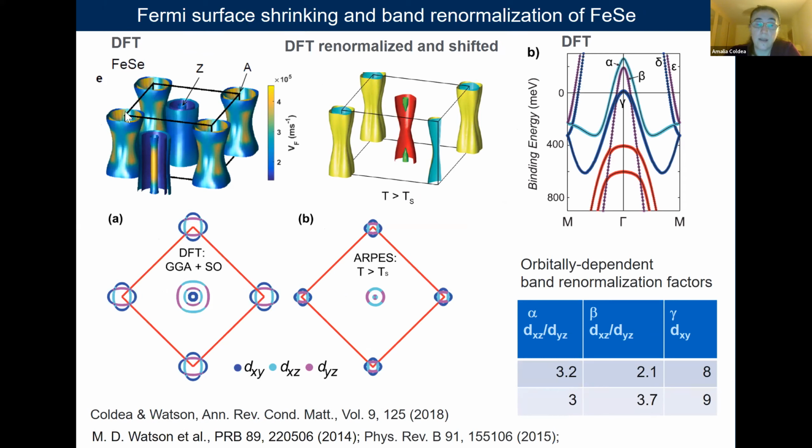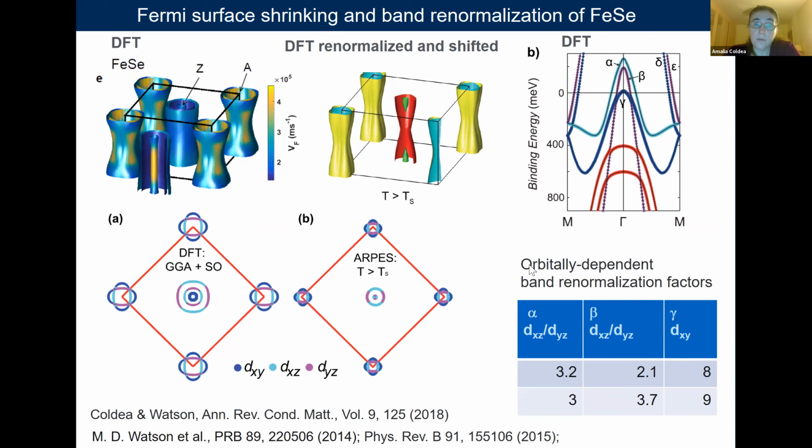This is a DFT calculated Fermi surface having 3 hole bands and 2 electron bands, whereas this is the Fermi surface in the tetragonal phase, which shows we are only left with the hole band and a small pocket centered at the Z point, and the 2 electron bands at the Brillouin zone corner. These effects are very complex, and there is still a lot of debate about what causes all this renormalization and shrinking of the Fermi surfaces.